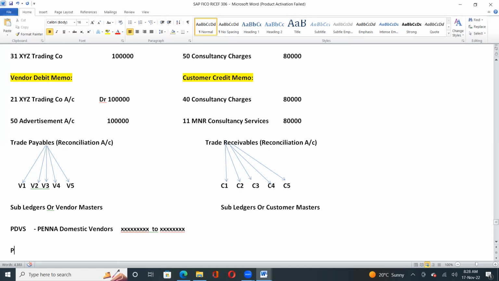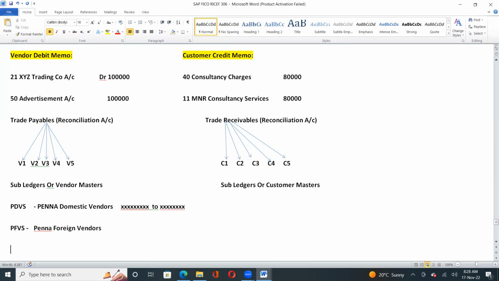Penna foreign vendors. The range we can copy later.